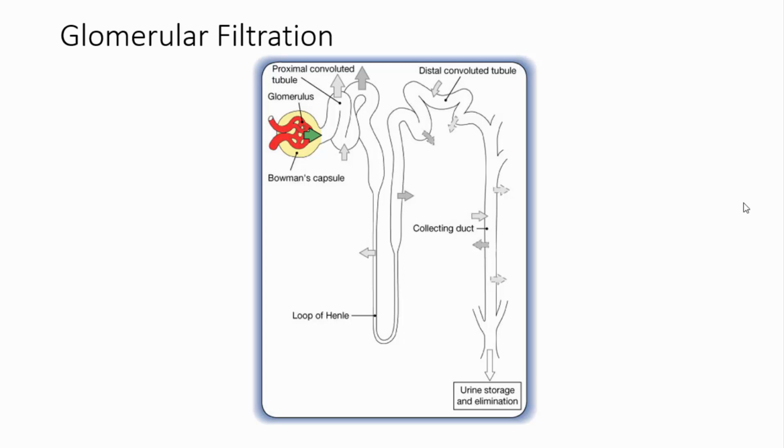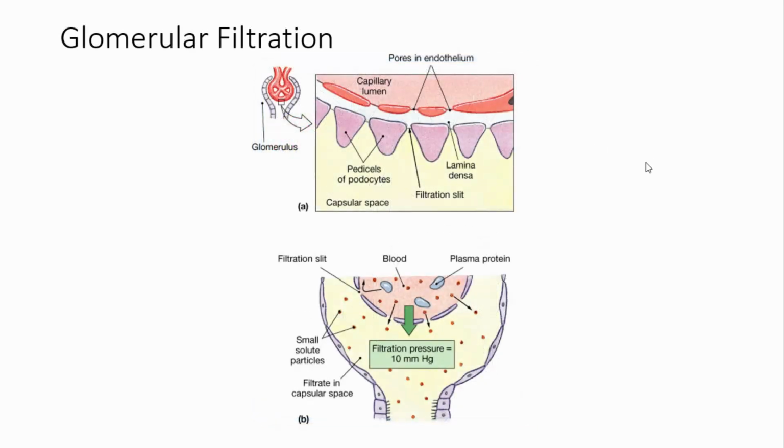So glomerular filtration starts off, of course, in the glomerulus. It's driven by blood pressure, which creates a filtration pressure to push solutes into Bowman's capsule. And we talked about the podocytes, and these are the pedicels, the little finger-like projections, creating filtration slits.